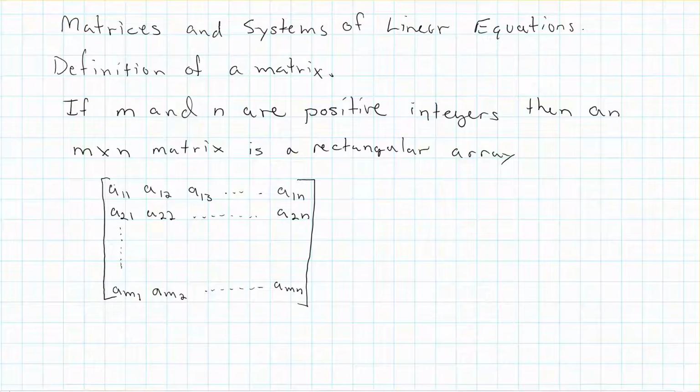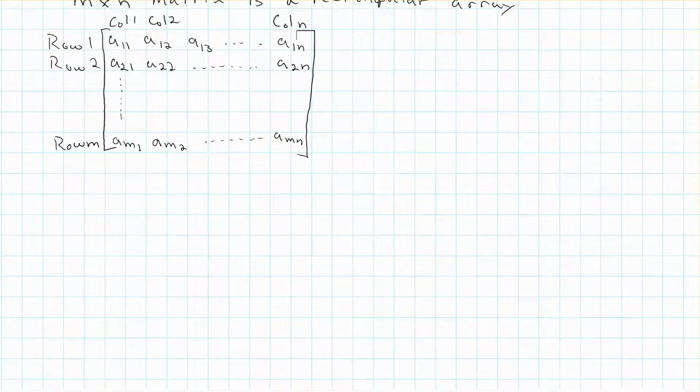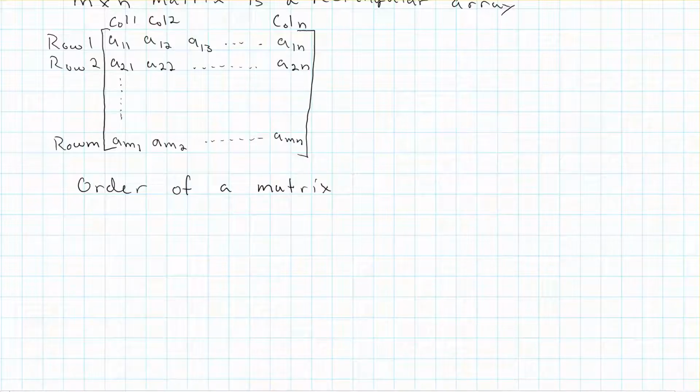In this course we're only going to be dealing with matrices of numbers, but you can have matrices that aren't necessarily dealing with numbers as well. The way this works is you want to think of this as row 1, row 2, row m, and this would be column 1, column 2, and then column n. Now the order of a matrix is simply m by n.